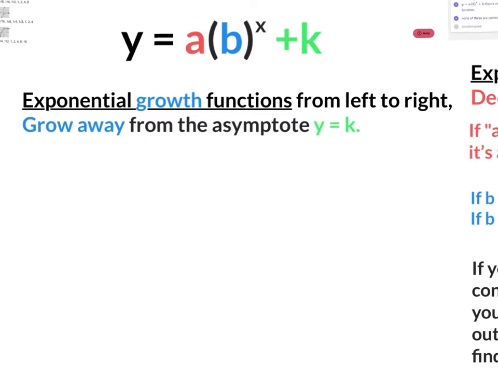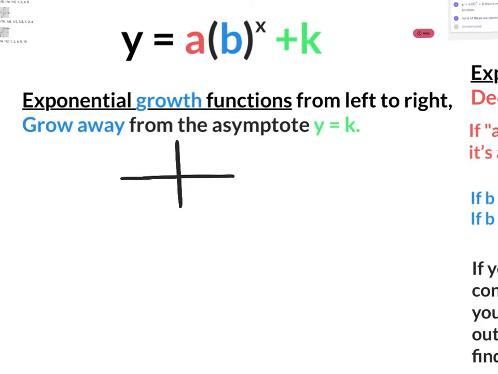So how could we look at a graph and determine whether it's growth or decay? Well, an exponential growth function from left to right, we look at graphs the way we read sentences from left to right. And it will grow away from the asymptote, whatever that asymptote may be. So let me just do a quick example here, a quick sketch. Here's a quick sketch of an xy plane.